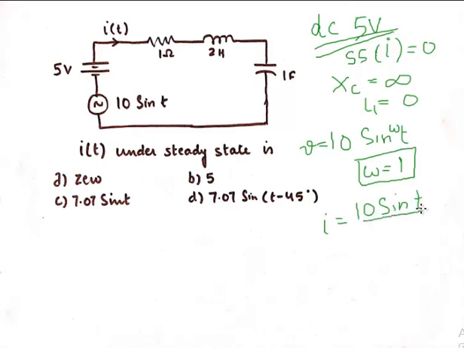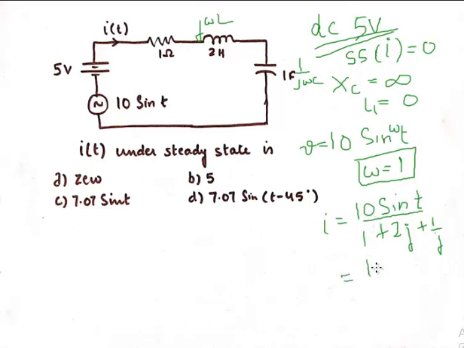upon the impedance, which is 1 plus 2j plus 1 by j, because the reactance here will be omega L, and over here it will be 1 upon j omega C. It will be j omega L, omega being 1, so we get this.